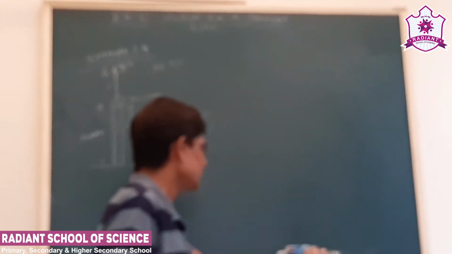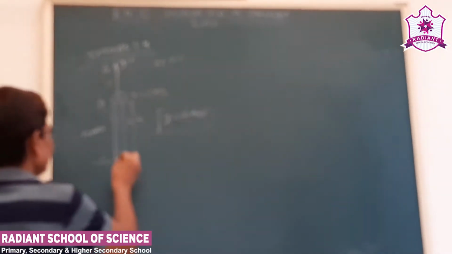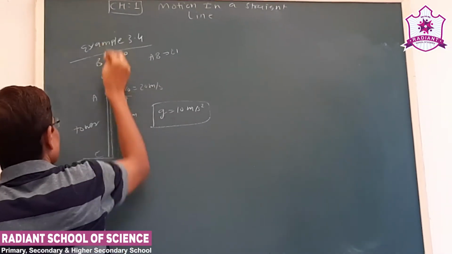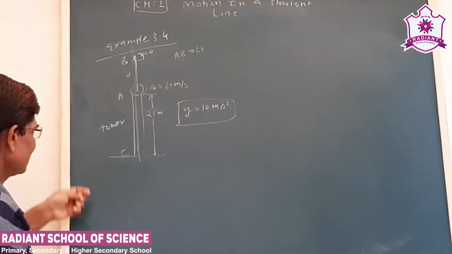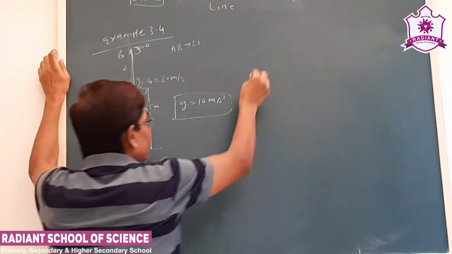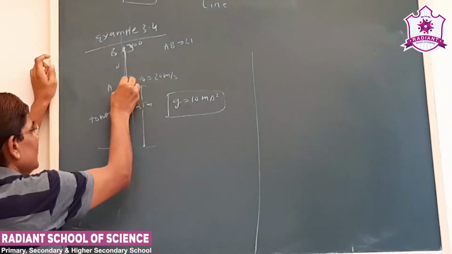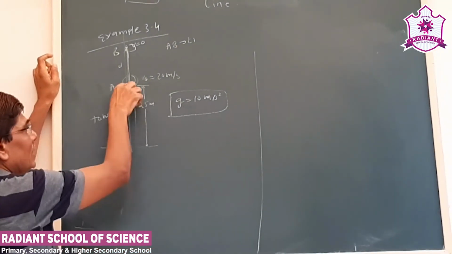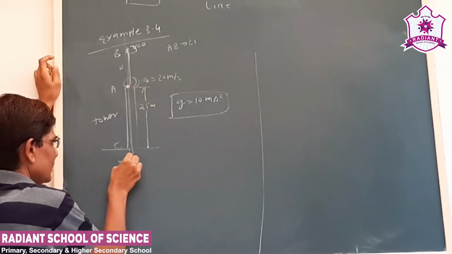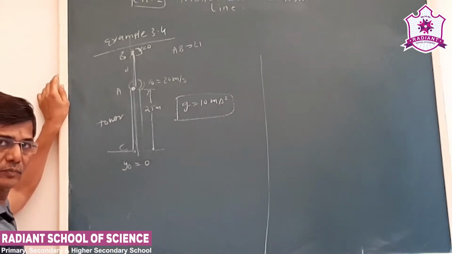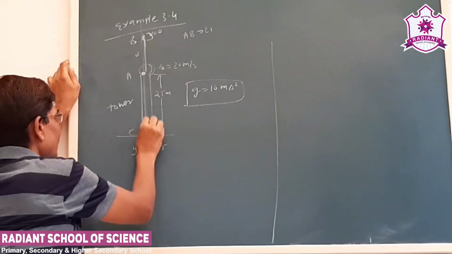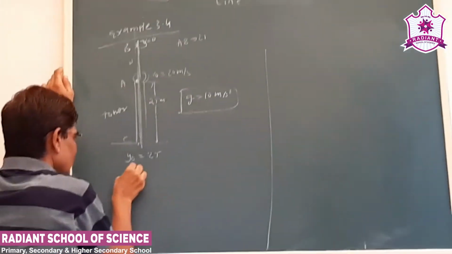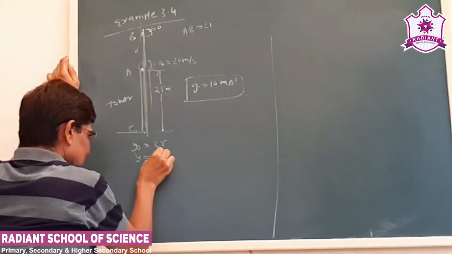Right now, the object is thrown in a vertically upward direction, so we consider motion in the y direction. When we throw the object vertically upward, its initial position with respect to the ground is 25 meters, so y0 is 25 meters. Finally it reaches the ground, so the final position is 0.